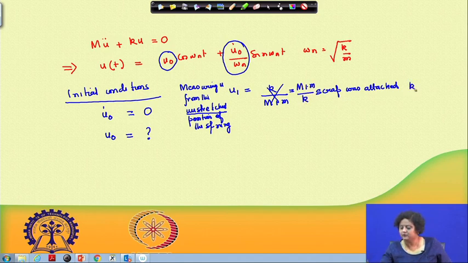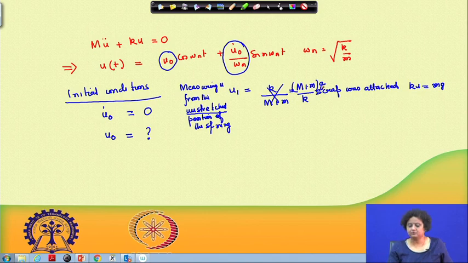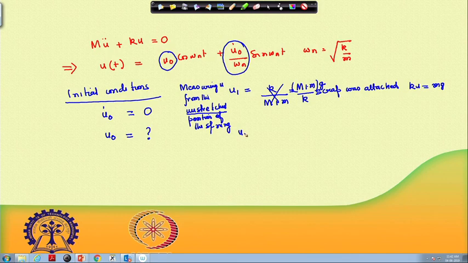Since k u is going to be mg, this is (capital M plus small m) into g by k. Let us now measure the second one, which is when the scrap was dropped.